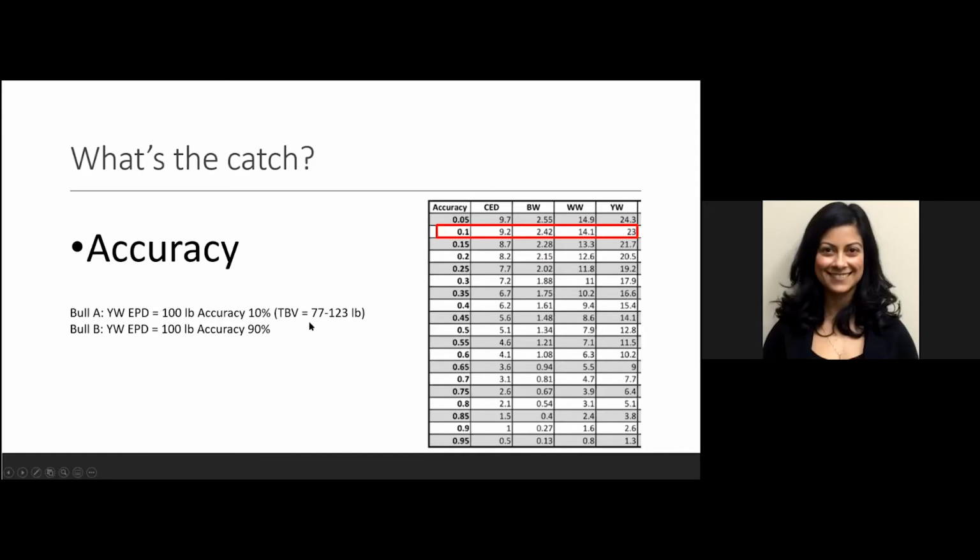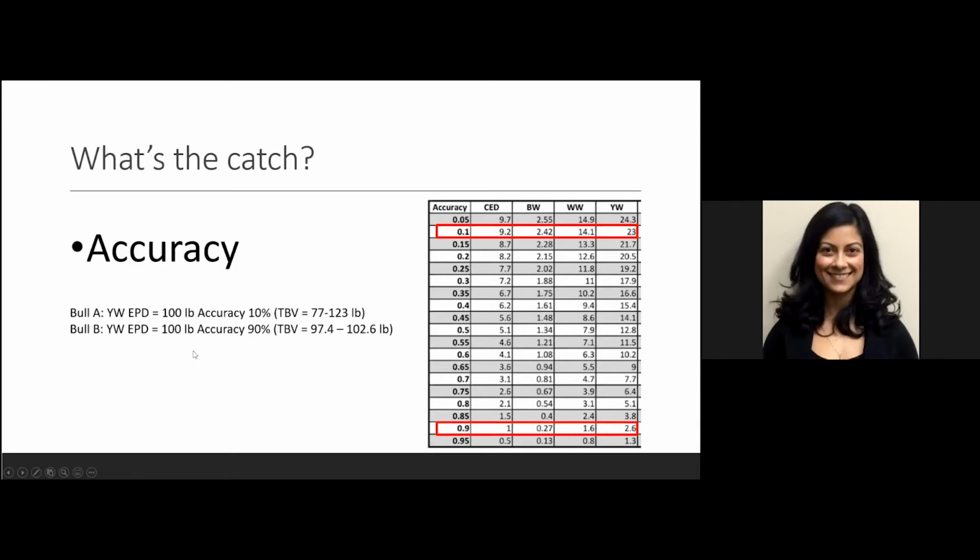That's the range that we think. We think the TBV, which is the true breeding value of the animal, is somewhere within this range. So now if you're making a selection decision based on this EPD, it kind of tells you what to expect.